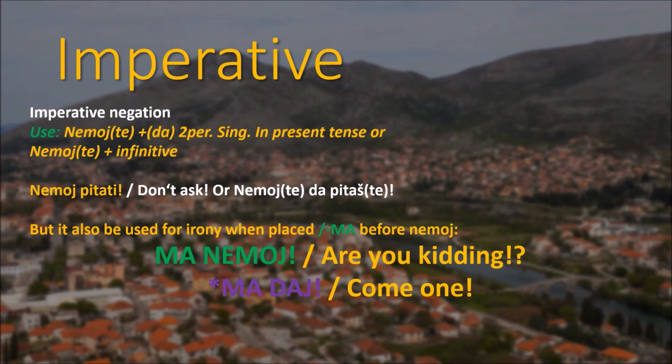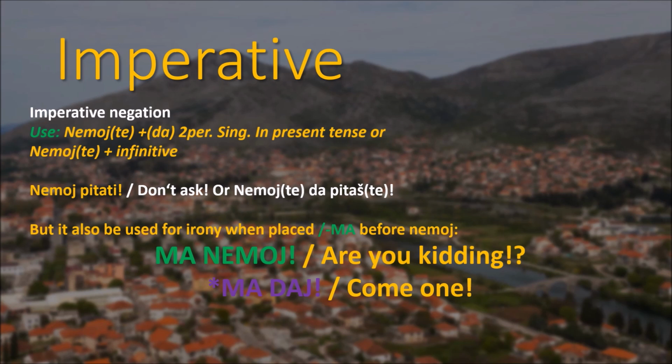But obviously, if you're using the plural form, or you're giving this permission or an order to a group of people, you can say "nemojte pitati" or "nemojte da pitate".